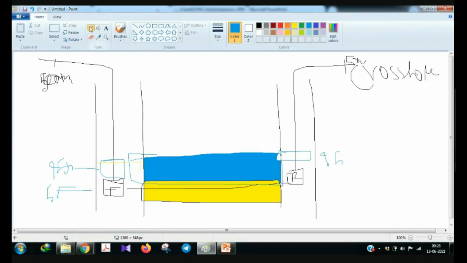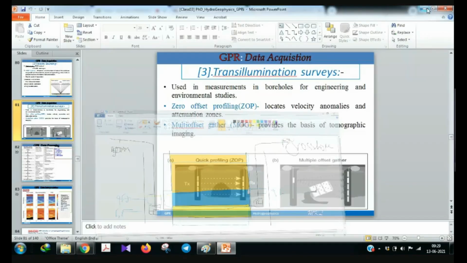By doing so, you will have the whole idea up to this portion. So this whole area will be mapped using this transillumination technique. It is also a famous borehole GPR technique, called borehole GPR.